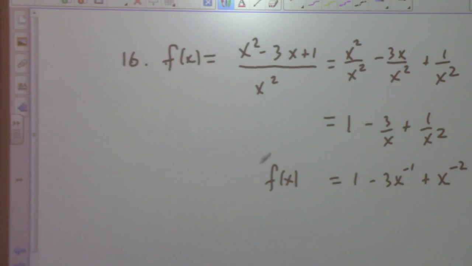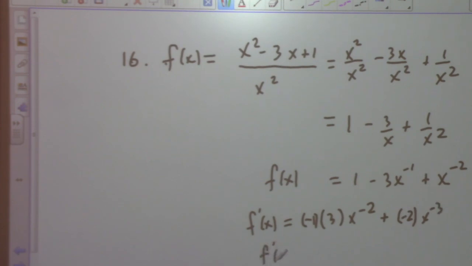You're going to get, f prime of x is equal to 0, and then you'd have -1 times 3x to the -2 power plus -2x to the -3 power.